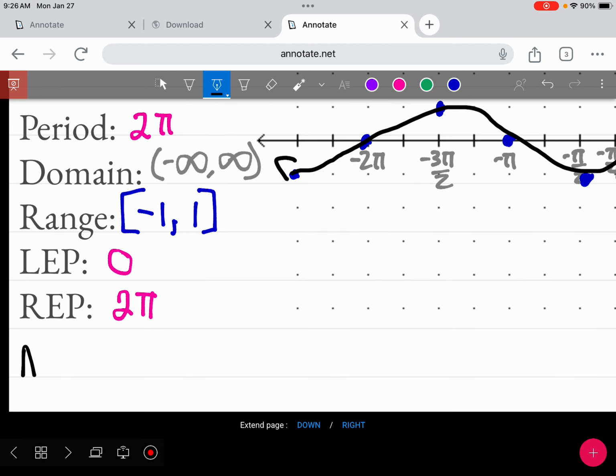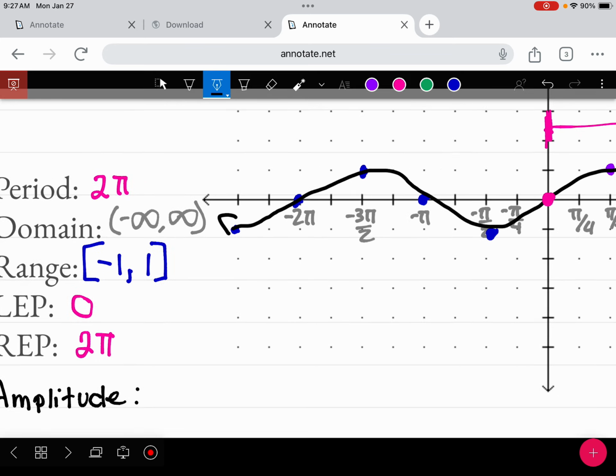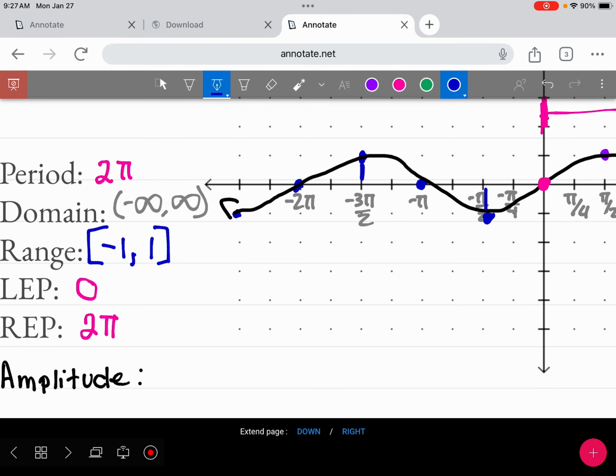And we're going to have something called the amplitude as well, that we'll see in a minute. Amplitude is very much like when we would have stretch or compress back in our polynomial days. It's talking about how high those points are. This guy went up to 1 or down to -1, so the amplitude on this one is 1.